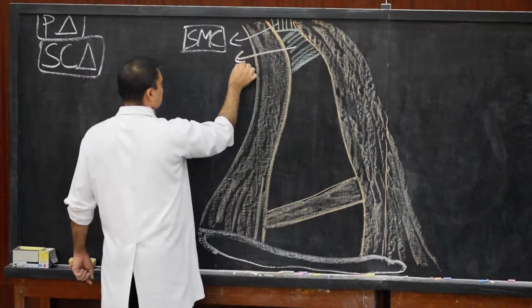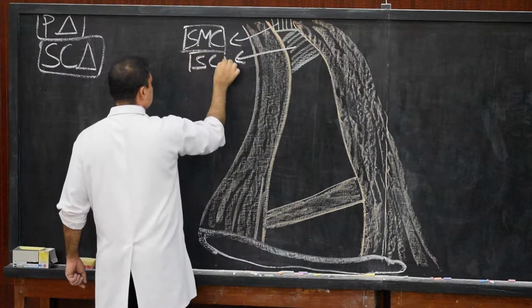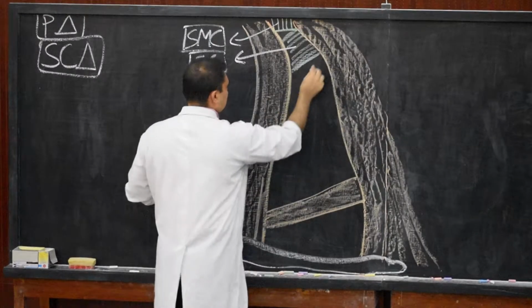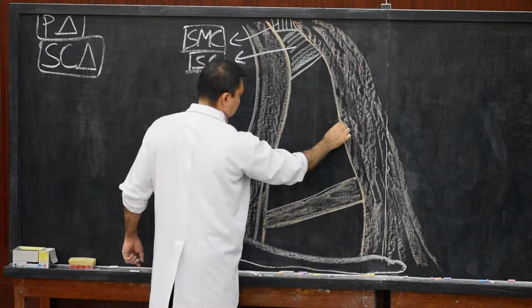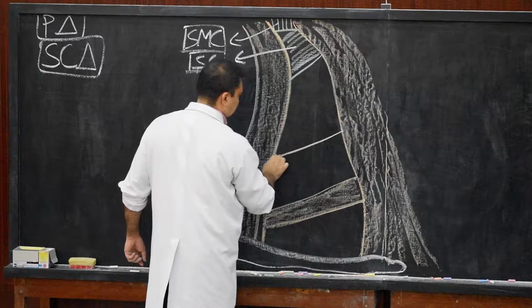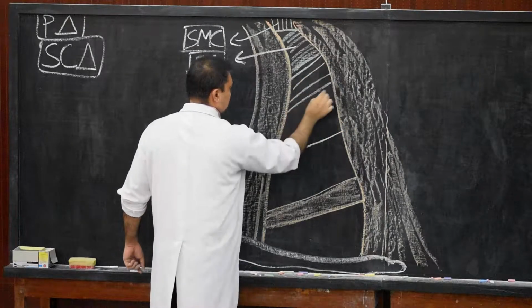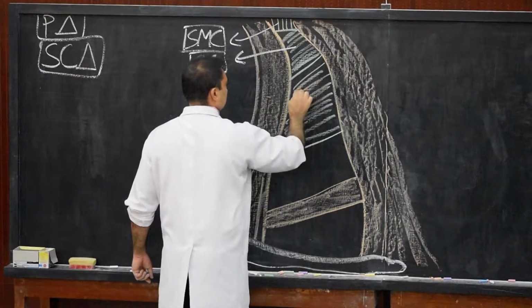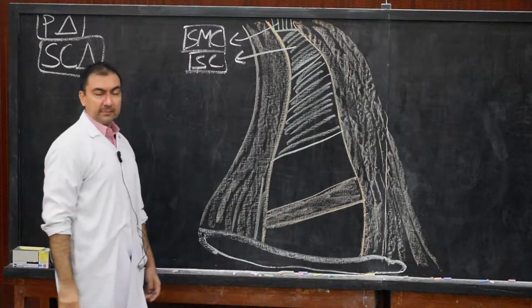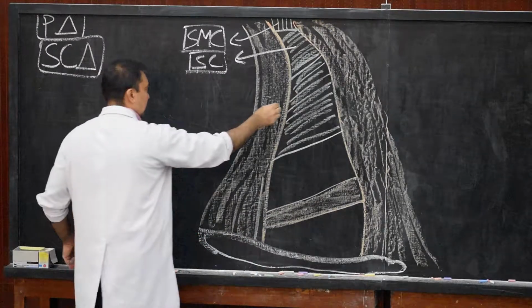Here we are going to mark as splenius capitis. Then at this point we are going to mark it as levator scapulae. So therefore, these are the fibers of levator scapulae muscles. Semispinalis capitis, splenius capitis, levator scapulae.